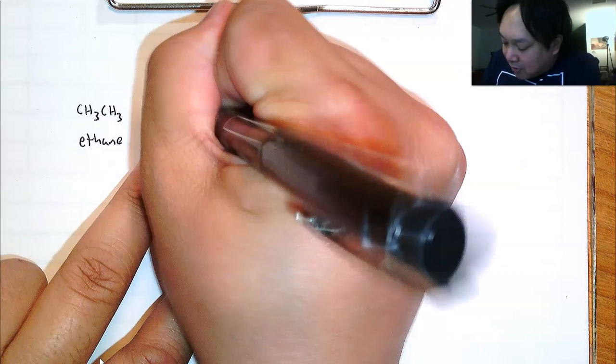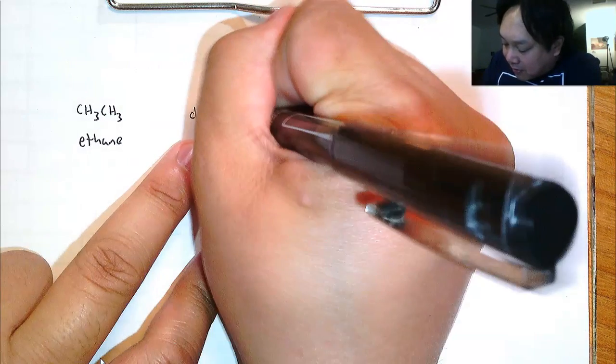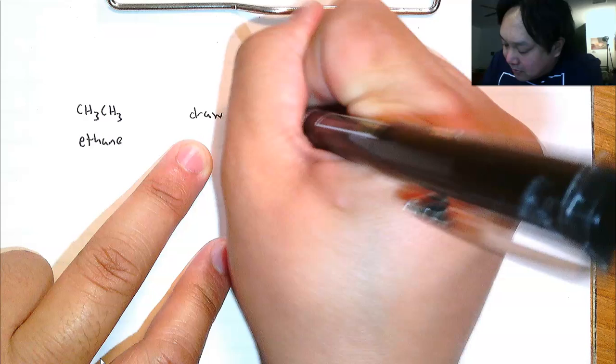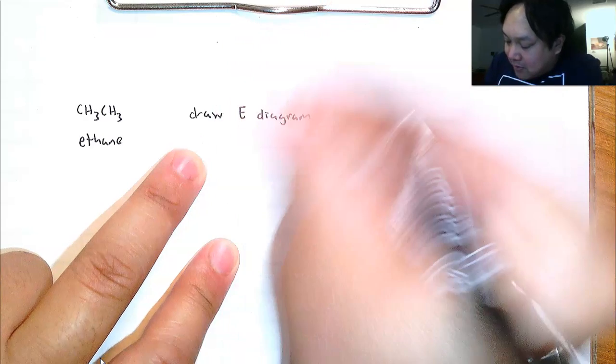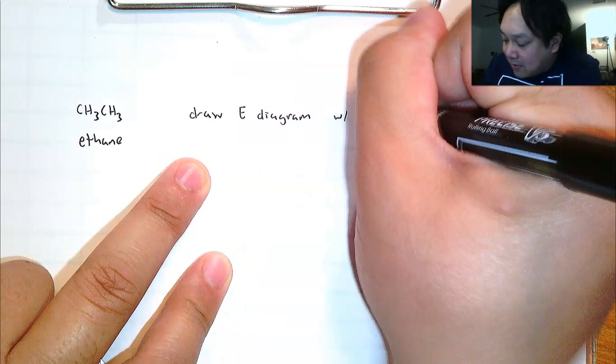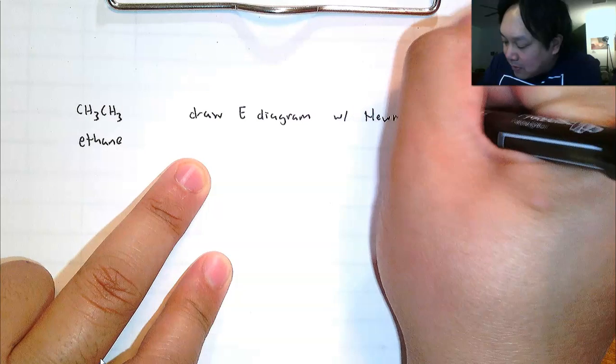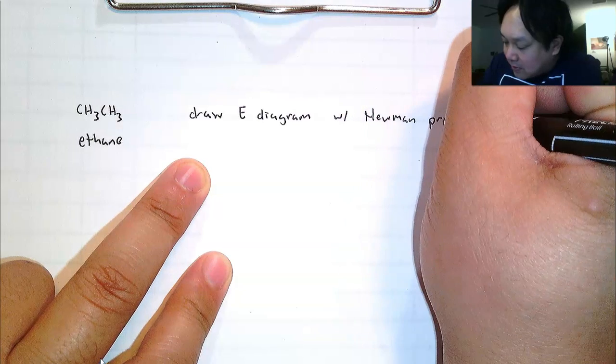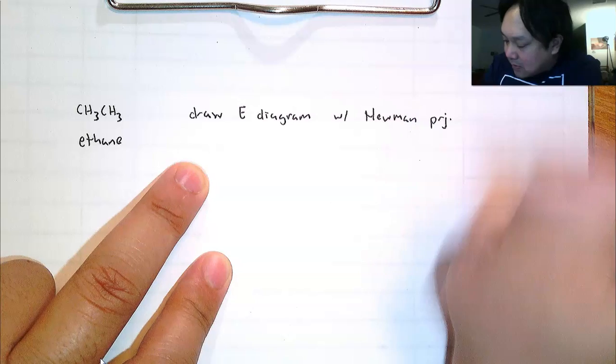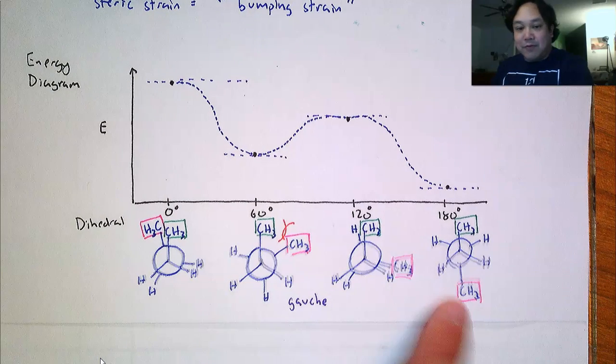So I'll challenge you to draw the energy diagram with the Newman projections, right? Four Newman projections. 1, 2, 3, 4.